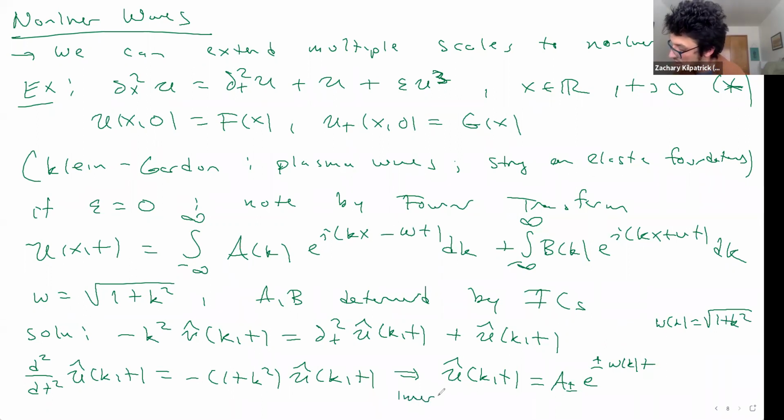And then essentially we invert the Fourier transform to return. And you're going to have some 1 over 2 pi showing up there too.